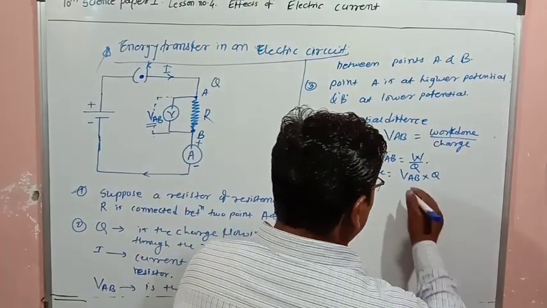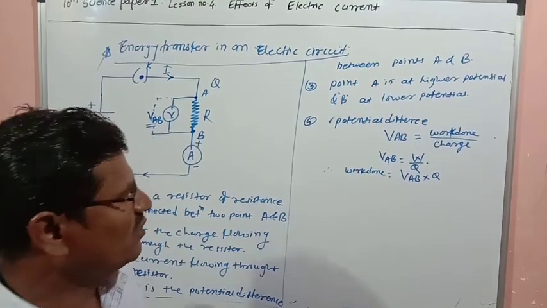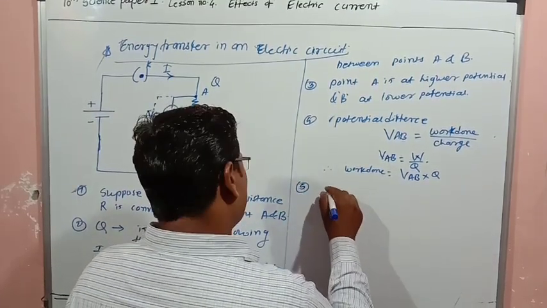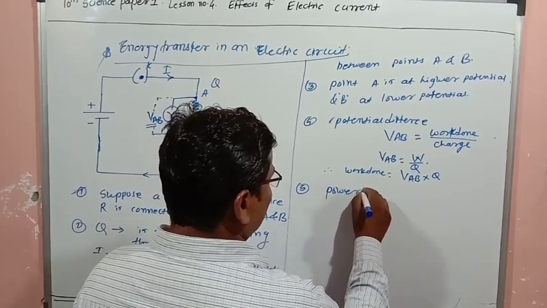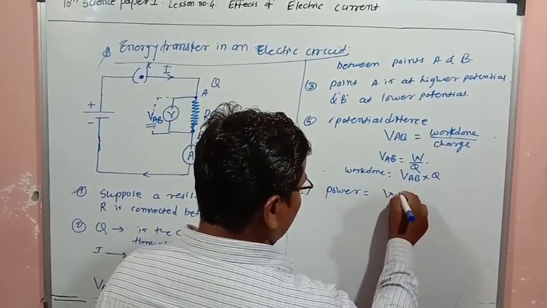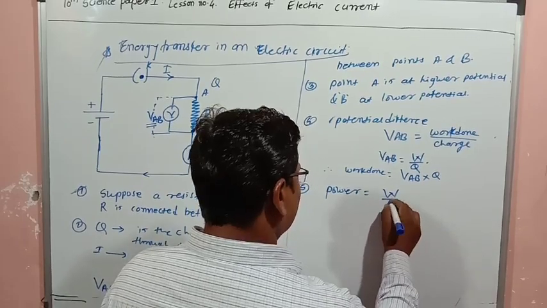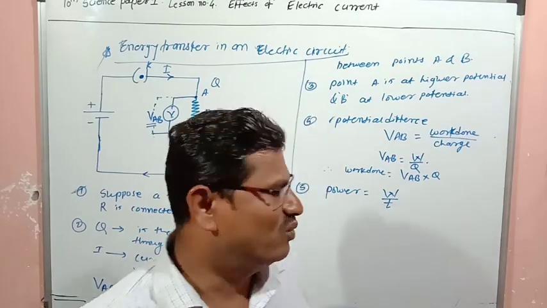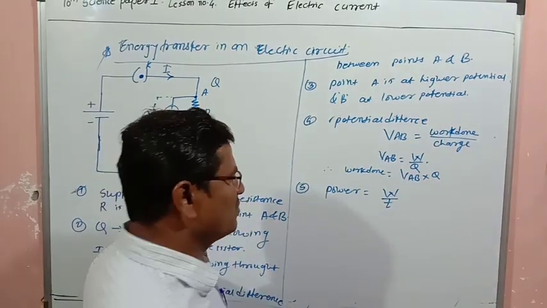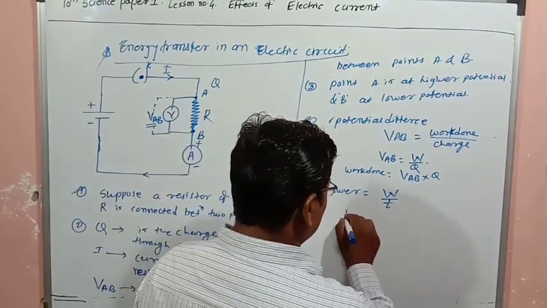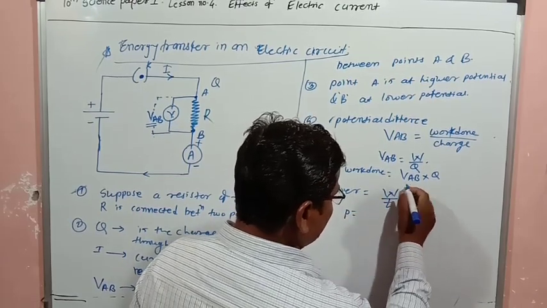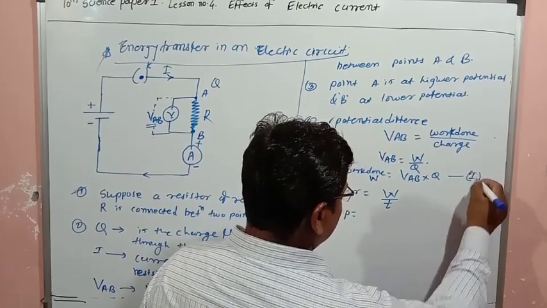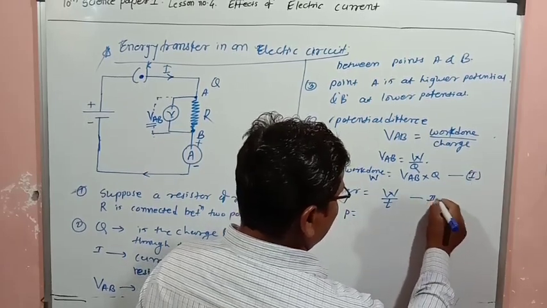Now one more thing we can say: power is equal to W upon T, work done upon time T. Suppose this one is equation number 1 and this one is equation number 2.